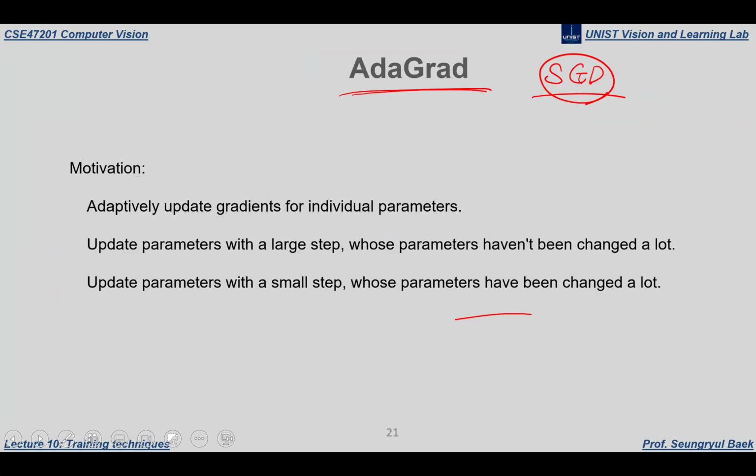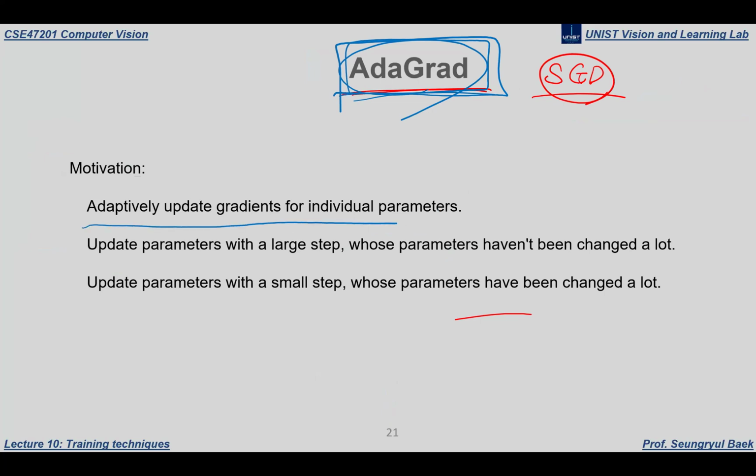But one systematic way of scheduling the learning rate is the AdaGrad method. It combines learning rate scheduling with stochastic gradient optimization. Their motivation is to adaptively update the gradient for individual parameters.